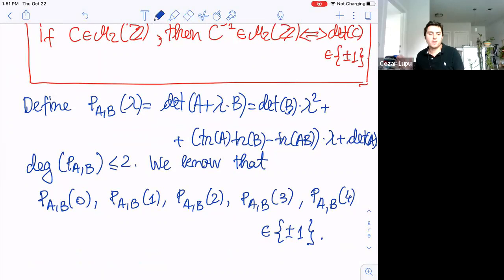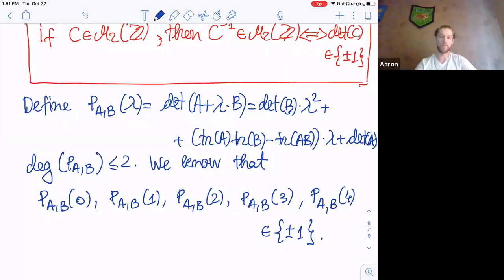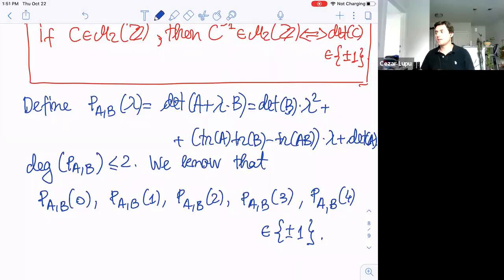So what can you tell me about the pigeonhole principle? I have 5 values belonging to a set of only 2 elements. What can you tell me by the pigeonhole principle? That at least 3 of them will be equal, either all plus 1 or all minus 1. Exactly.